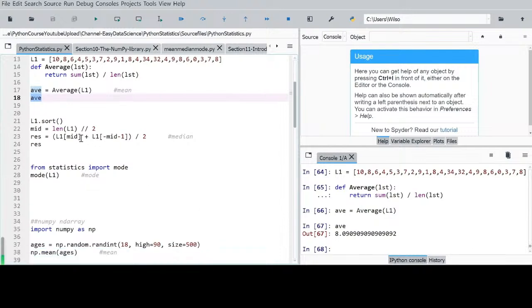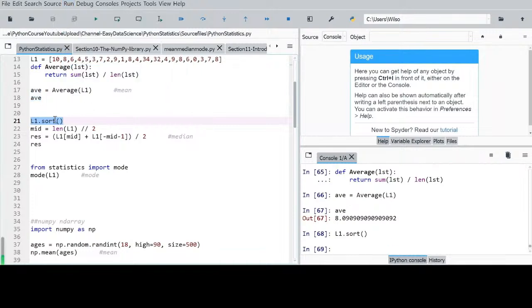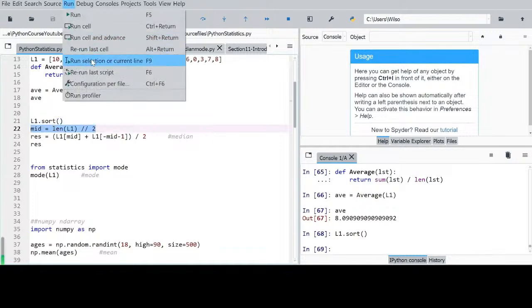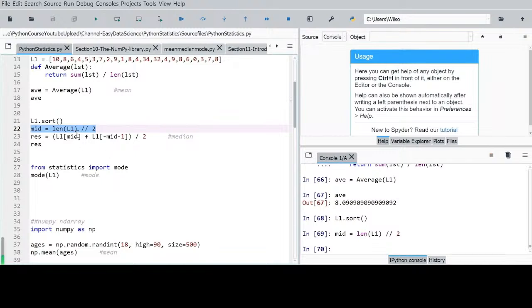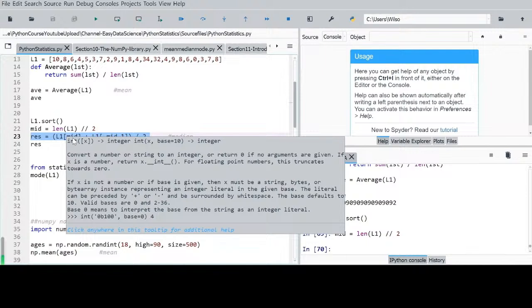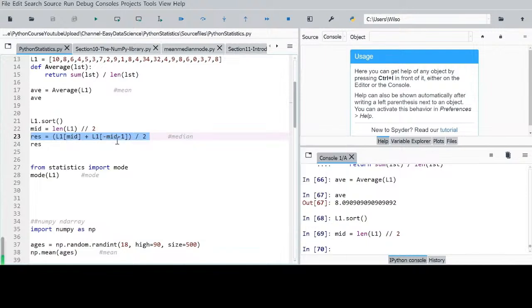To calculate the median of a list, first we have to sort this list using the sort function. Then we calculate the mid index of this list using integer division. Then we have to add the 2 elements in the middle of this list, then divide by 2.